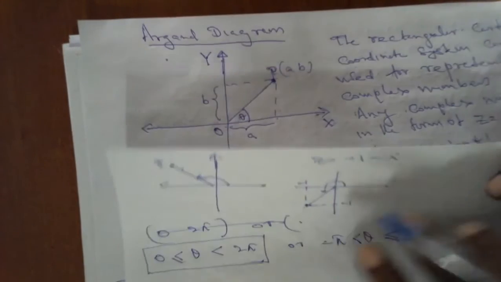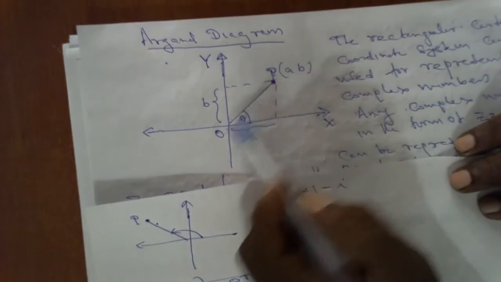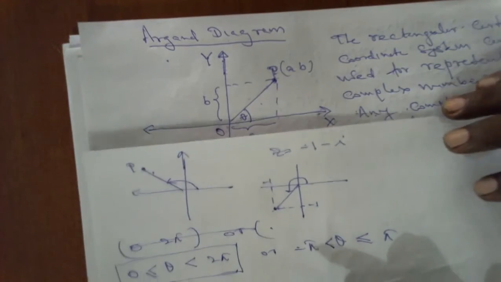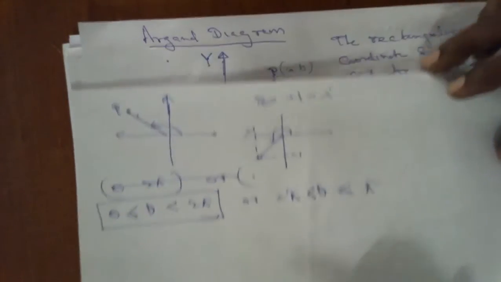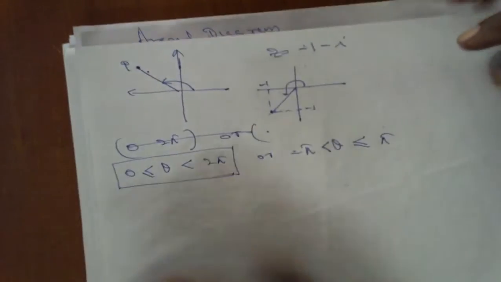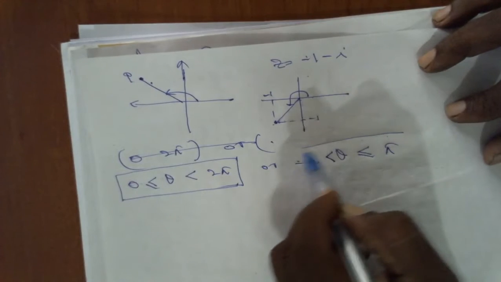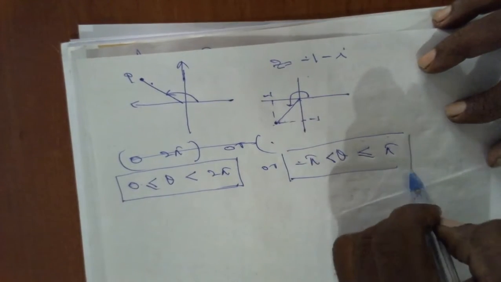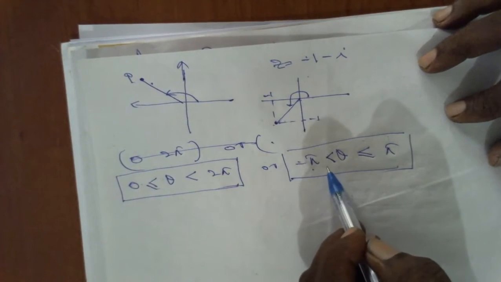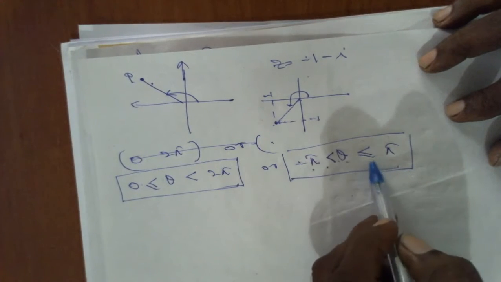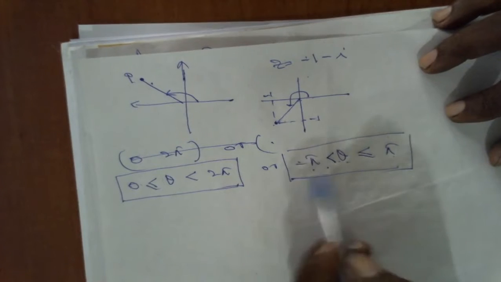The angle that any complex number makes with the positive x-axis is known as the argument of the complex number, right? According to our new syllabus, this argument can be defined with theta greater than minus pi and less than or equal to pi.